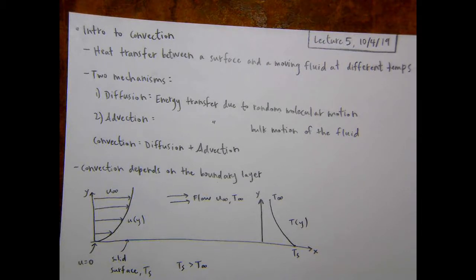Okay, so we'll jump back into talking about convection. We kind of started on it a couple times in the past few lectures. As a reminder, we're talking about convection heat transfer, which is a combination of diffusion and advection.